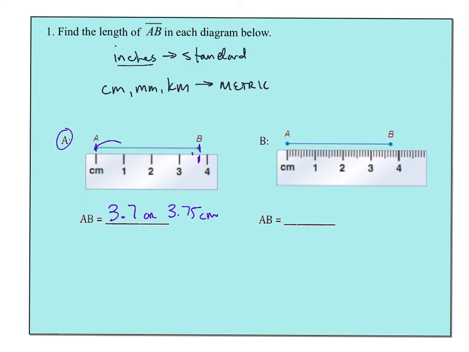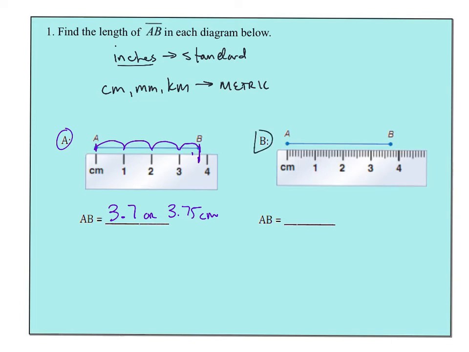You count 1, 2, 3, then not quite 4, about 3/4 of the way there, about 3.7. This is not as finite as I would like, but it's worthwhile to at least be in the neighborhood.